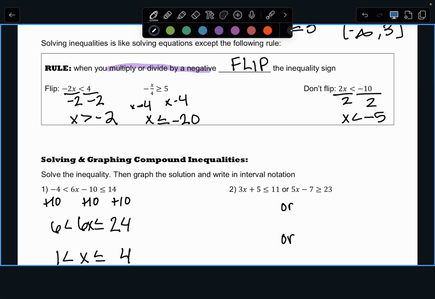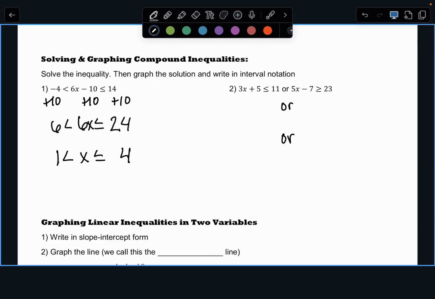Okay, let's do this one. On the left-hand side, what should I subtract over? 5. So I get 3x less than or equal to 11 minus 5, which is 6. Now what?